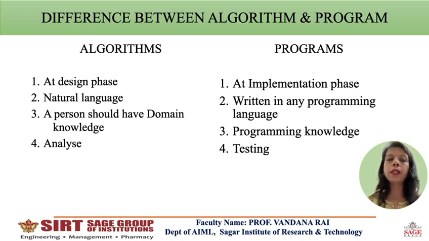For writing an algorithm, a person should have sound knowledge of that field, and for writing a program, a person should have knowledge of the programming language like C, C++, Java. By writing an algorithm, we analyze our problem, and by writing a program, we test whether it is working properly or not.